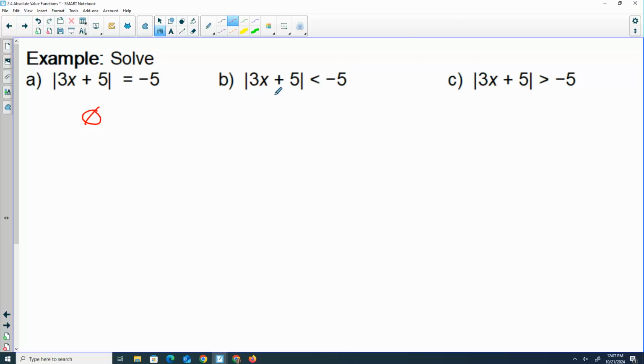B. The absolute value is less than -5. An absolute value is a positive number. Is a positive number ever smaller than a negative number? No. Okay, the last one, greater than.